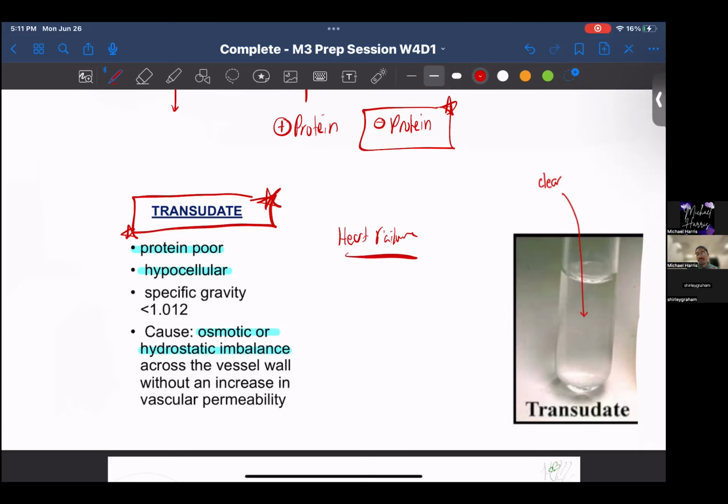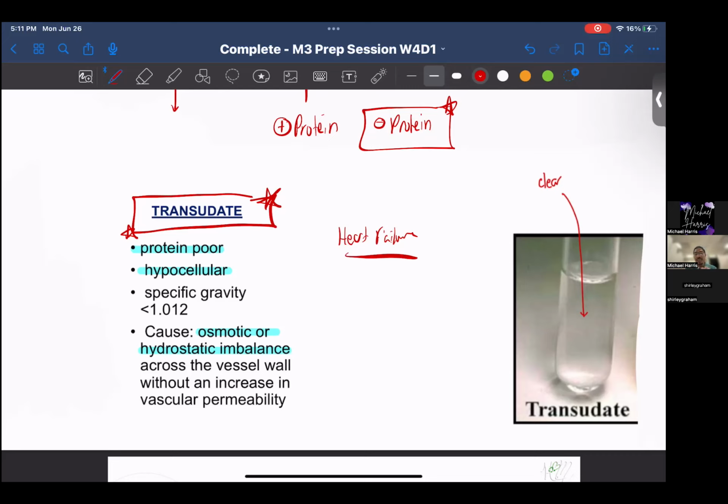So as it backs up into the lungs, same thing happening, right? You have increased hydrostatic pressure, so fluid pours out of the blood vessels or the capillaries into the extracellular space. And as a result, you get edema, right? You get the pulmonary edema, that fluid collection.